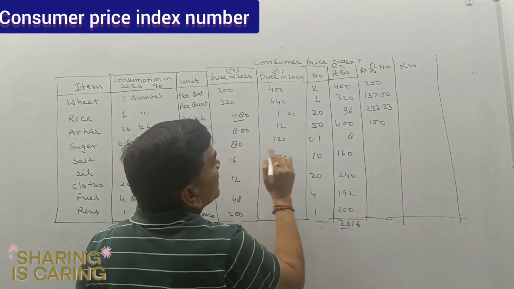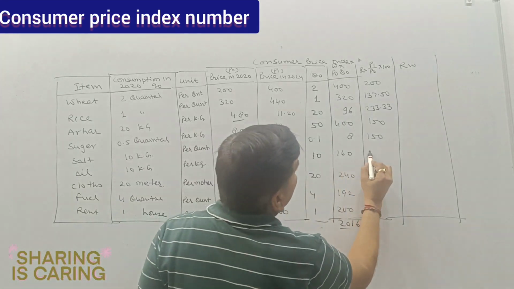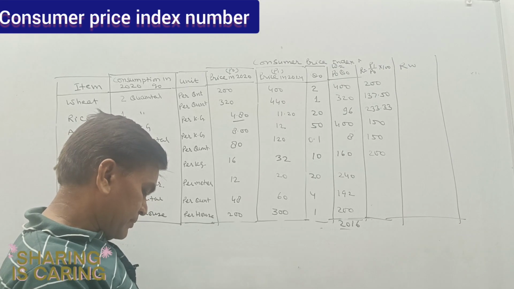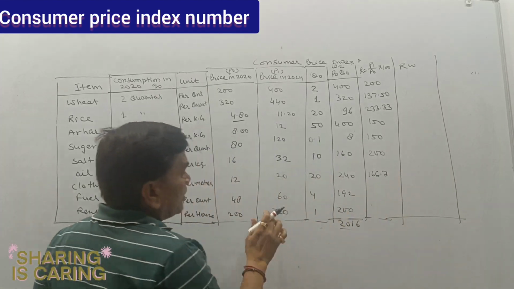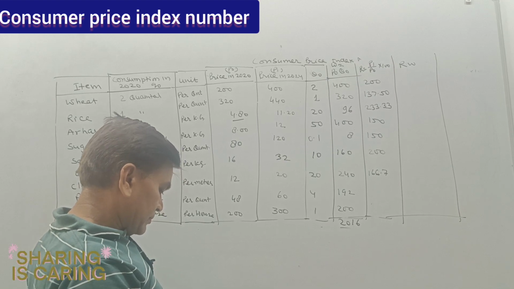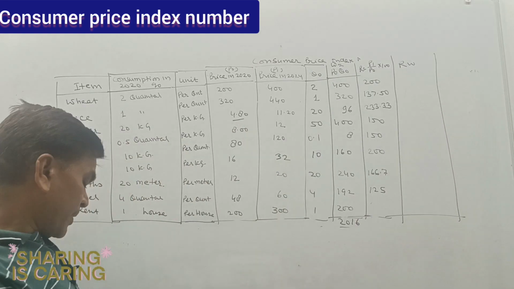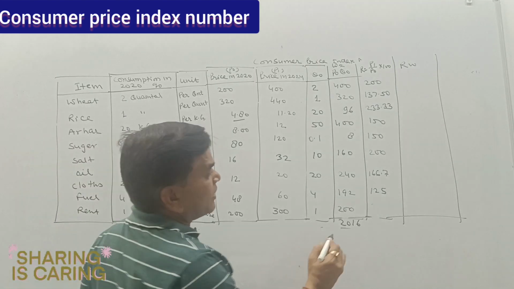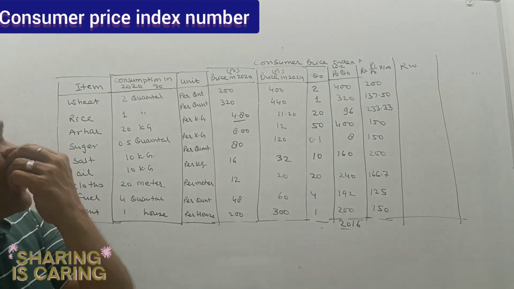Next, 120 divided by 80 multiplied by 100, 150. 32 divided by 16 multiplied by 100, 200. 20 divided by 12 multiplied by 100, that is 166.7. 60 divided by 48 multiplied by 100, that is 125. And last, 300 divided by 200, that is 150.